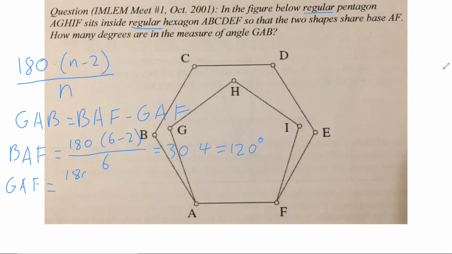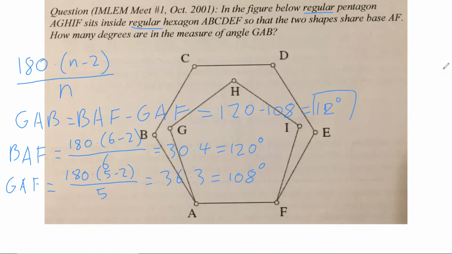So here n is equal to 5, which gives 108 degrees. And so GAB is the difference of the two, which is 120 minus 108 equals 12 degrees. And so that should be our answer.